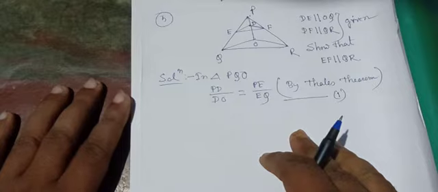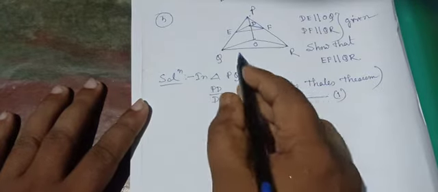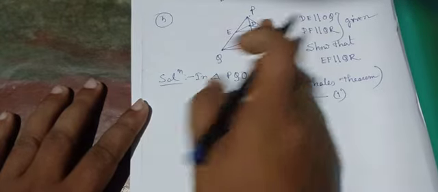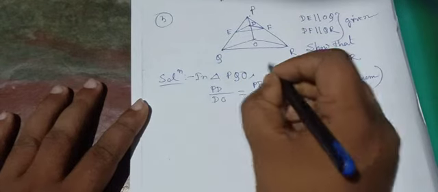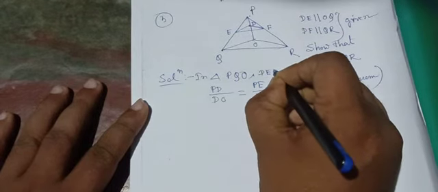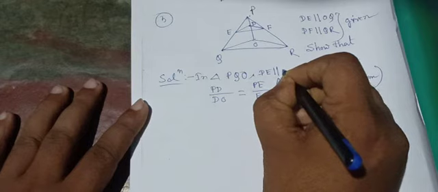Next, here it is given, I forgot one thing. It is given that DE is parallel to OQ.